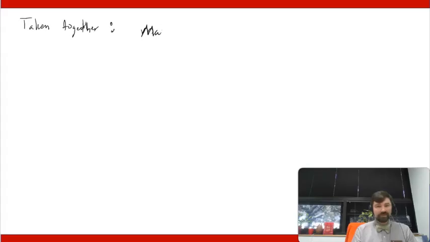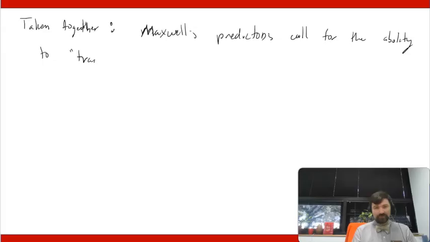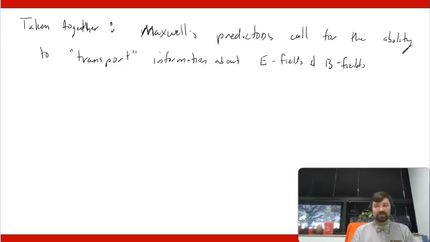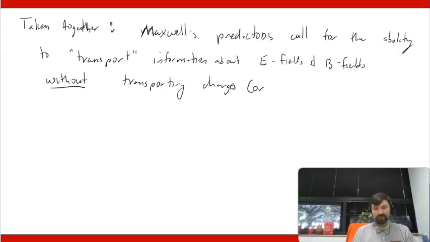We could say Maxwell's predictions call for the ability to transport information about electric fields and magnetic fields without actually transporting any charges, so without transporting charges and therefore current.